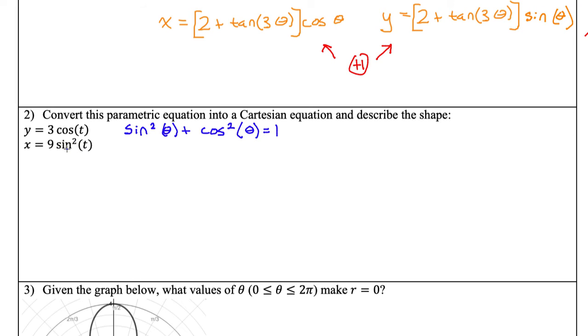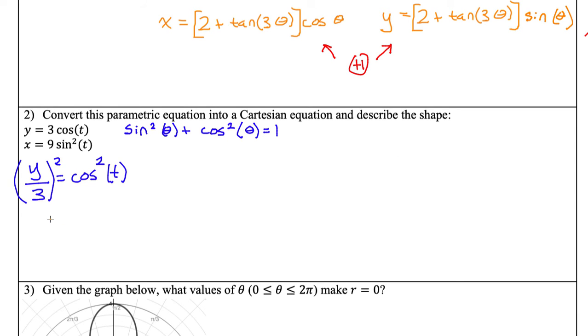So knowing that, I'm trying to get a sine squared, which I have there. I just need to divide both sides by 9. I need to get a cosine squared there. So I'm going to deal with the y first. If I divide both sides by 3, oh yes, the timer's up. If I say y divided by 3 is equal to cosine of t, then if I square both sides, I have cosine squared.